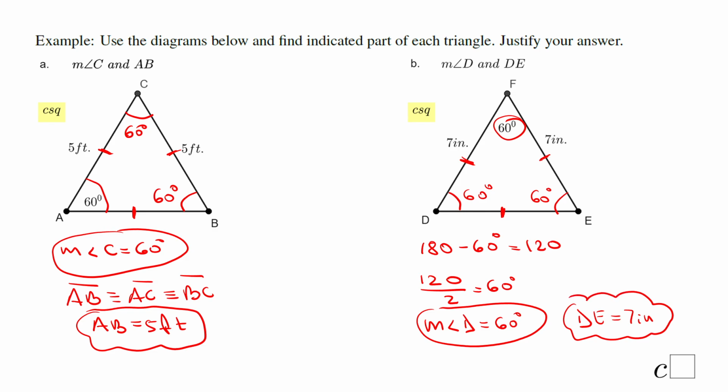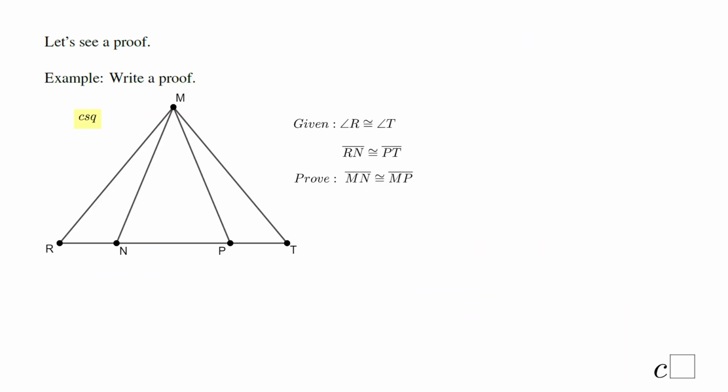So in this example, these two isosceles triangles are in fact equilateral triangles, but you have to justify why. And my last problem in this lesson today is going to be a proof.